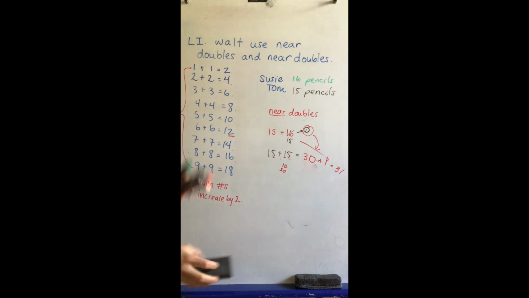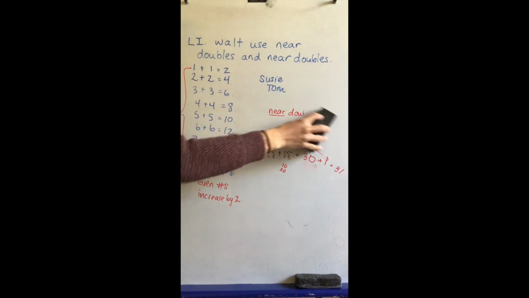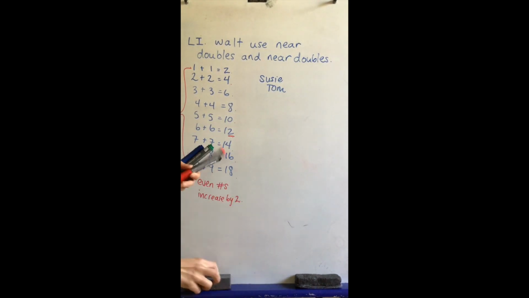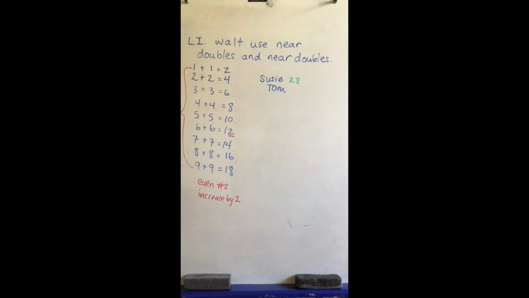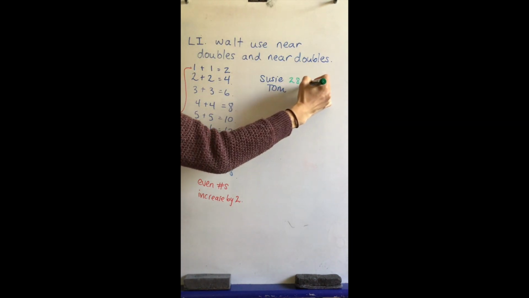Okay? Maybe the next day, Susie comes to school, and she has 28, and what could she have 28 of? 28 Smarties.